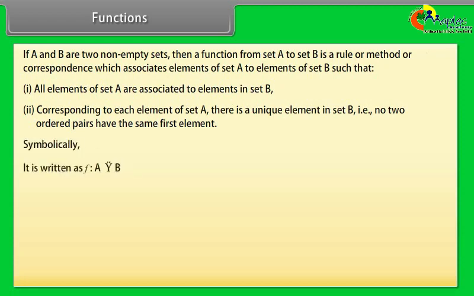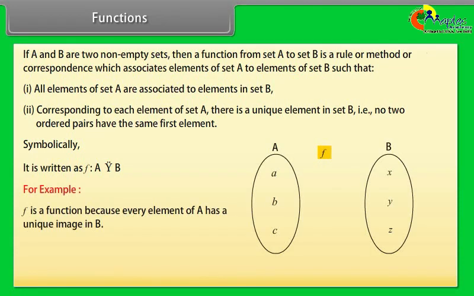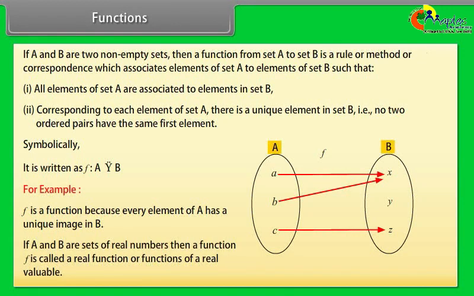Symbolically, it is written as f is a function from A to B. Consider the example to have better understanding. f is a function because every element of A has a unique image in B. If A and B are sets of real numbers, then a function f is called a real function or function of a real variable.